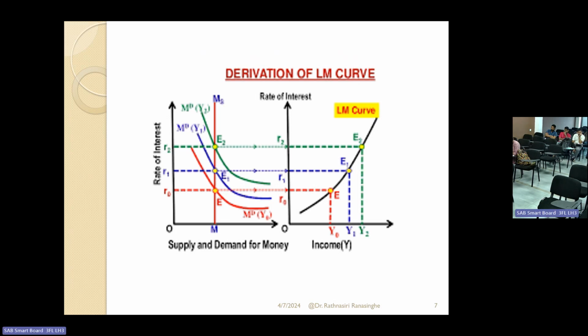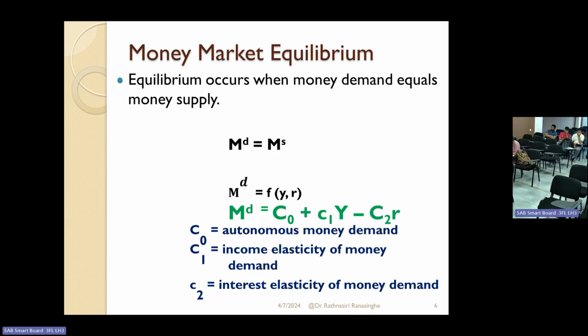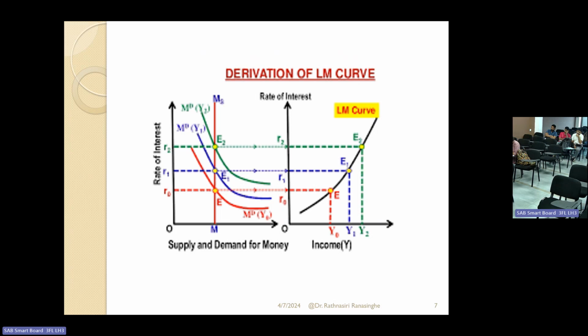If we assume a further rise in income, the money demand will shift right again and the equilibrium moves to E2. Another point at R2, or something like that. By combining these points, we can draw the LM curve. That explains the different combinations of interest rate and income which create simultaneous equilibrium in the money market.